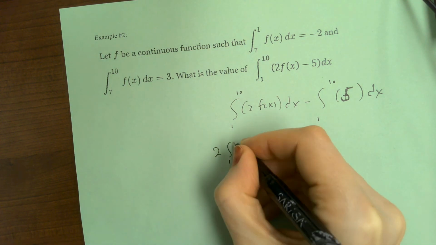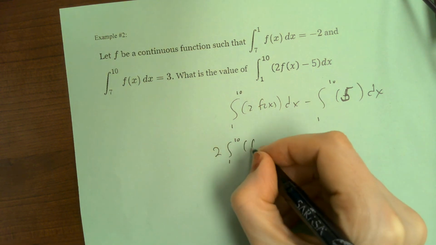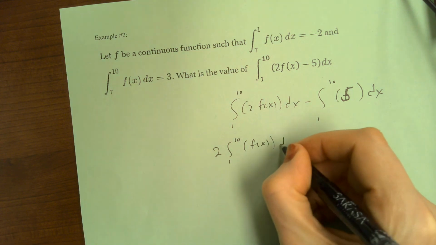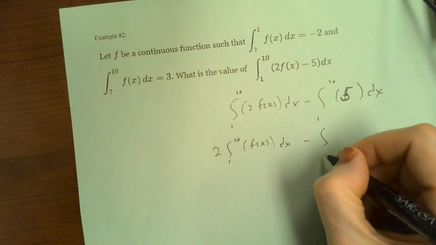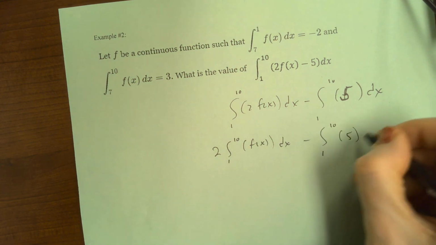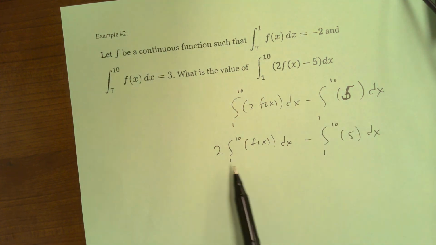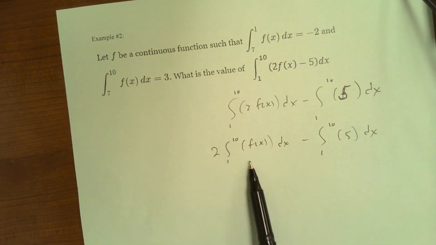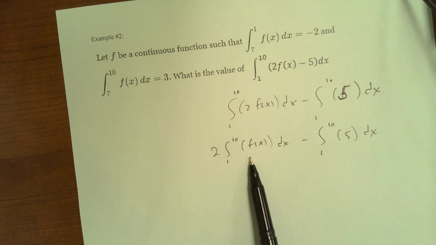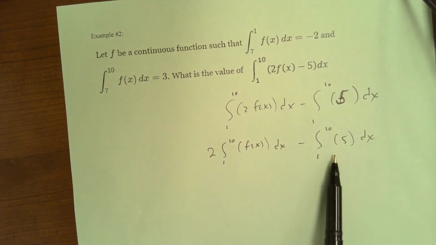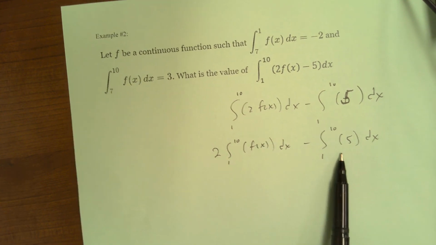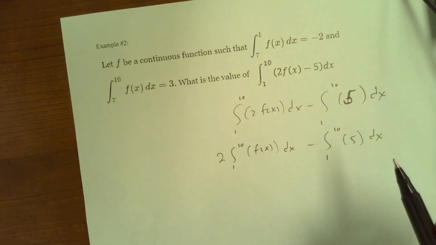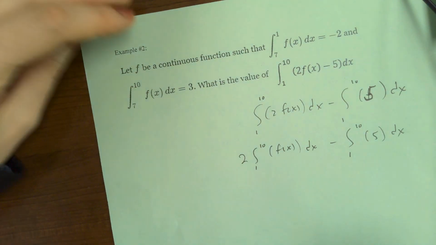So 2 times the integral from 1 to 10 of f of x minus the integral from 1 to 10 of 5. So really, I just need to know the integral from 1 to 10, and then this I could find easily.